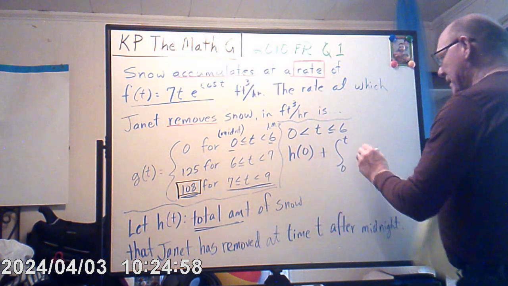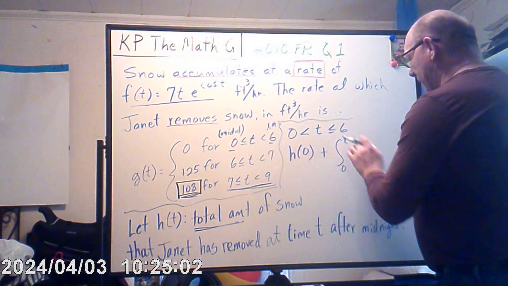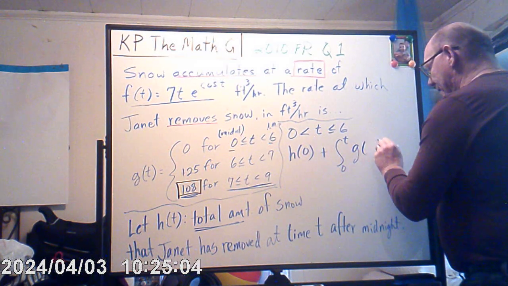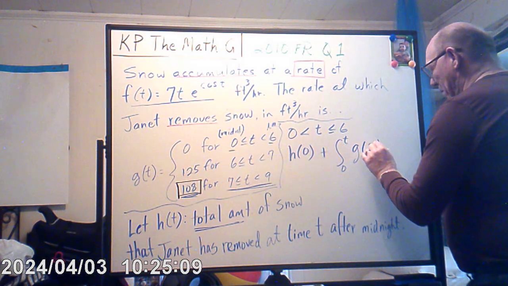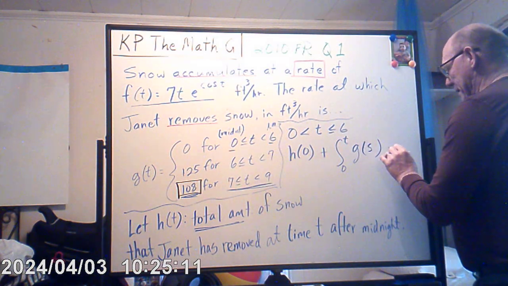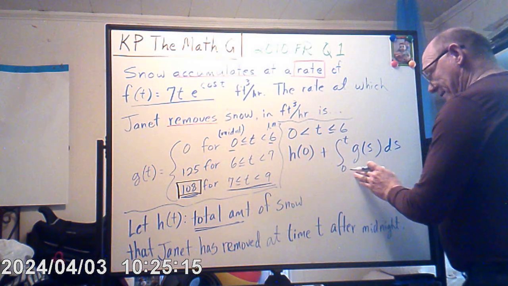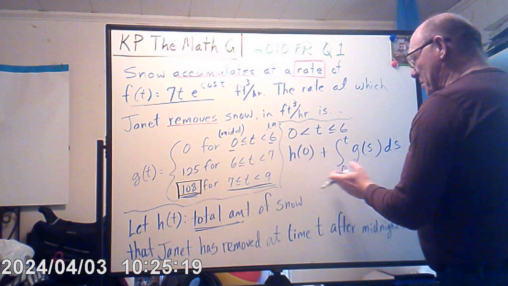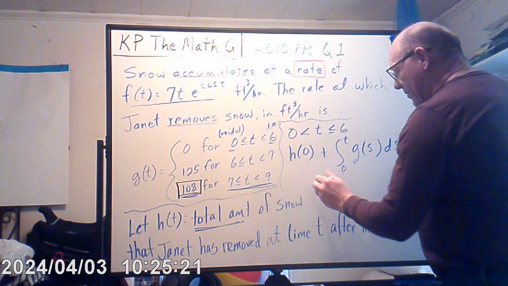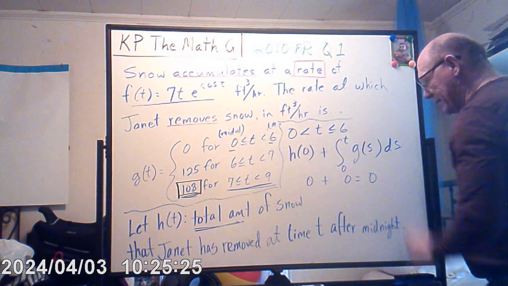No, of course not. Now instead of g at t, since this is already t here, we need another letter, and we could use x if we want to. They use s for snow, I guess, then ds right there. But of course she has not removed any snow yet. So this amount of snow is 0 plus 0, which is 0.